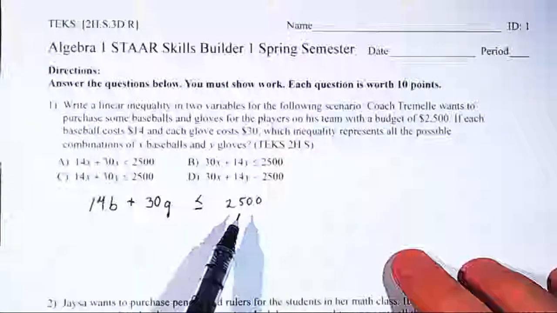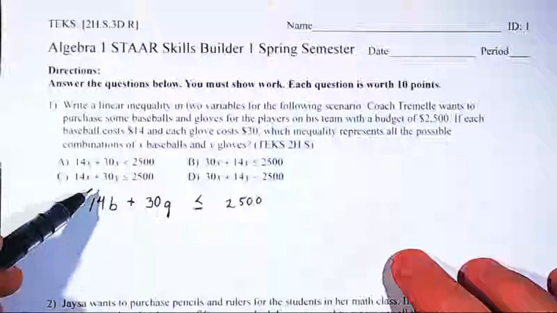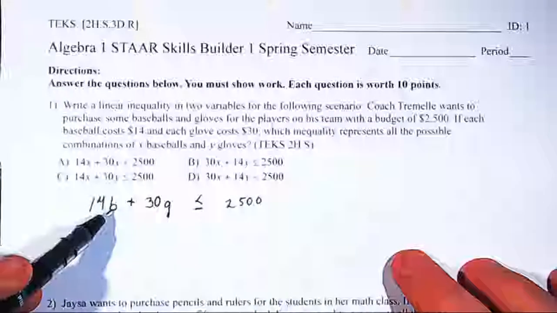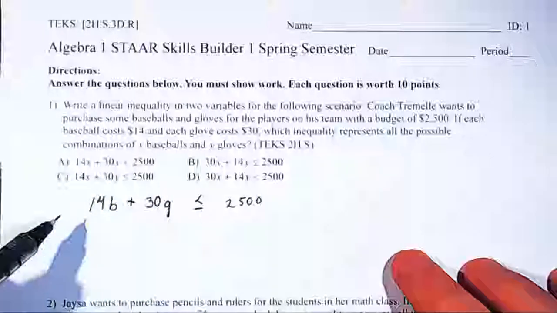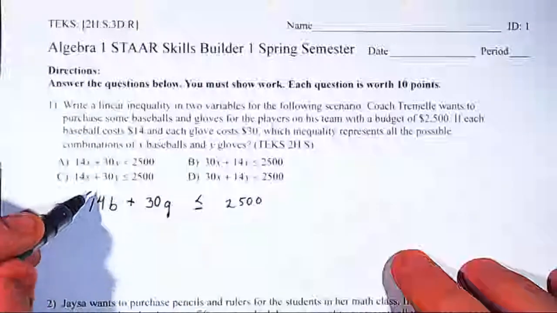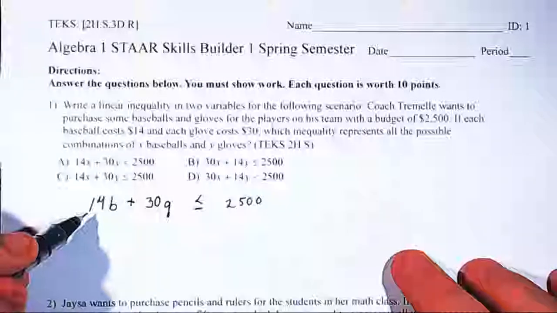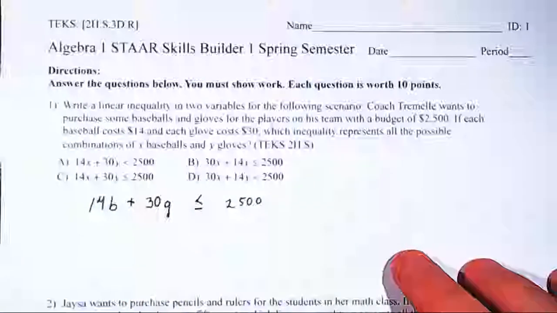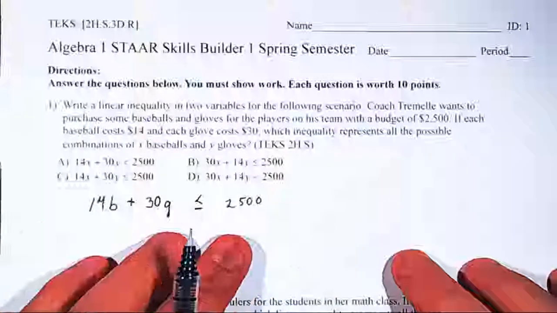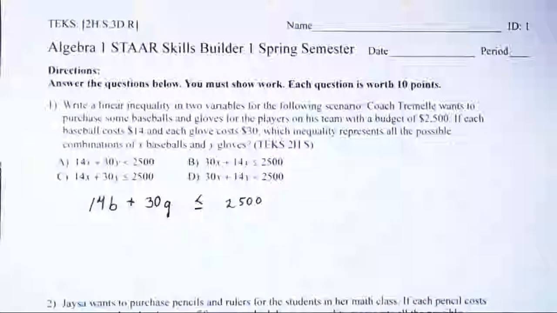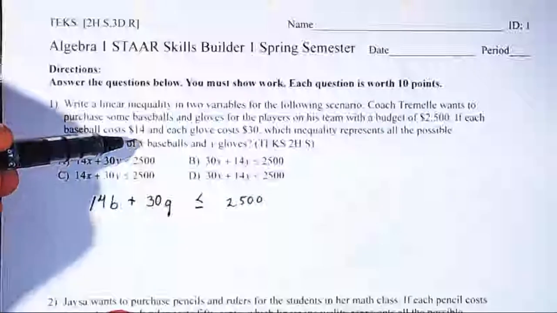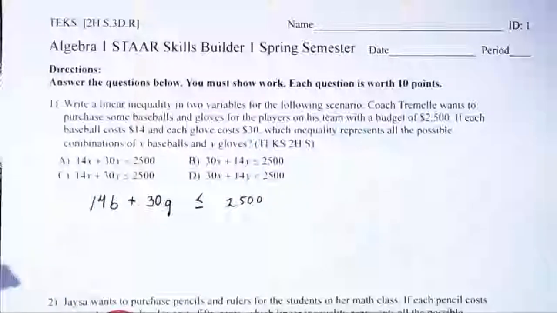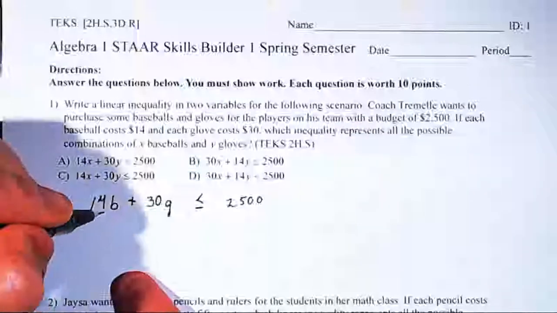So if you've only got $2,500 in your pocket, you can have the number of baseballs and the number of gloves however you want to arrange that. So where baseballs are $14 each and gloves are $30 each. And so it's not much more complicated than that. The only hiccup here is that instead of using B for baseballs, they want us to use X. All right, so you have to pay attention there.